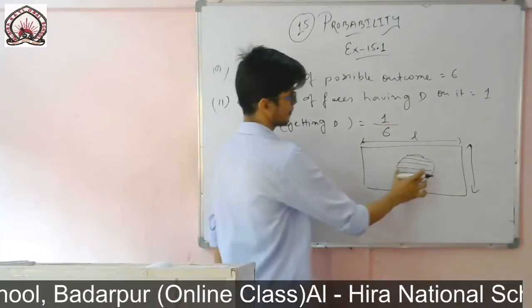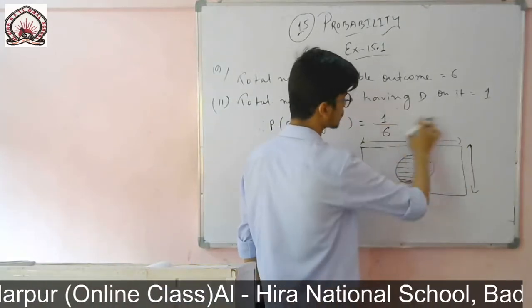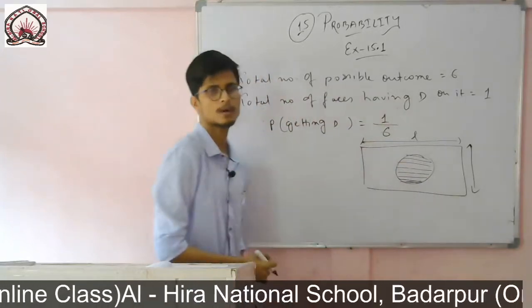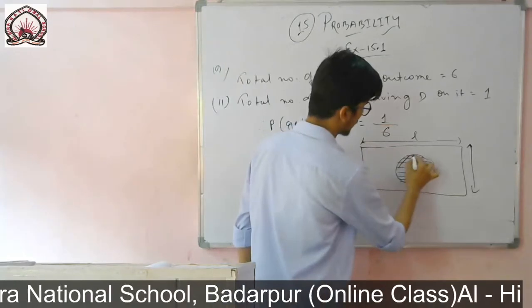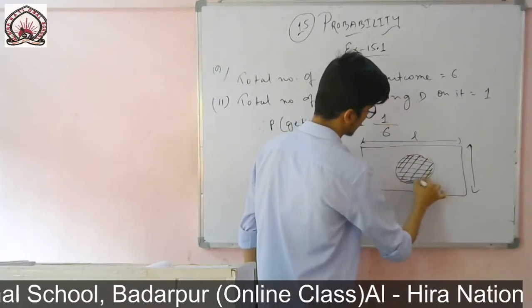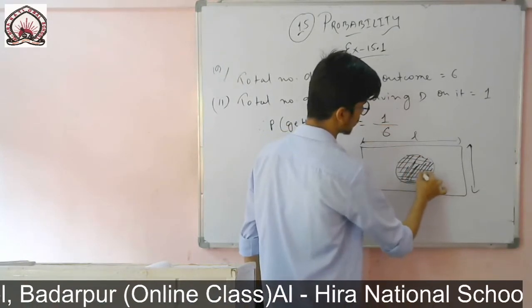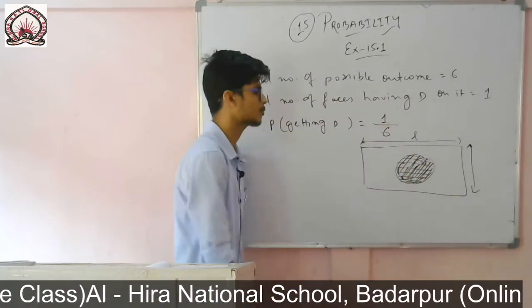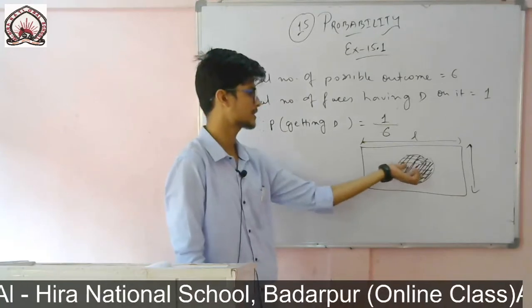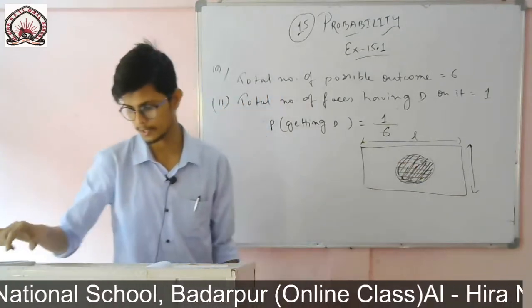So first I will find the area of the whole rectangle, which will be our total possible outcome, and then I will find the area of this circle, which will be our favorable outcome. Then only we can find the chances that the die will fall in this circular region.